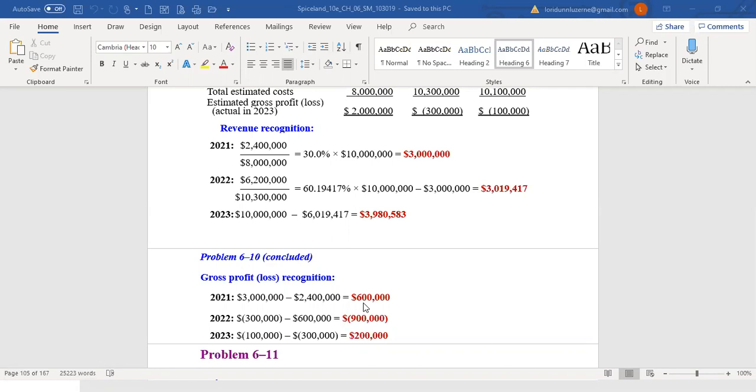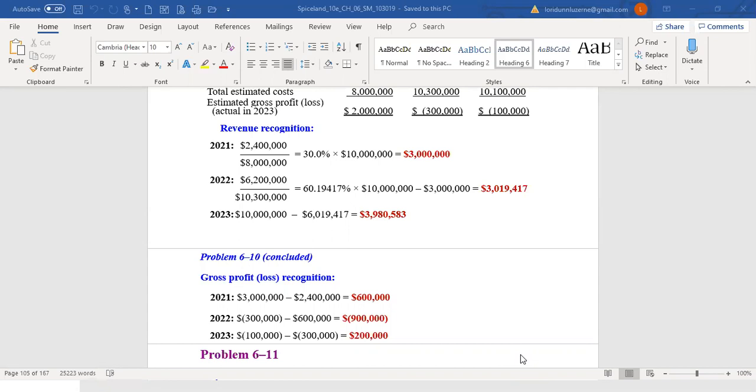So we wipe out any gross profit we've shown previously, and we take the additional gross profit loss we expect. So we don't wait till the end and let it all iron out. We go, oh, we're going to have a 300,000 overall loss on this project. Wipe out that $600,000 profit from last year by showing it as a loss this year, and then add another 300,000 for the actual loss.